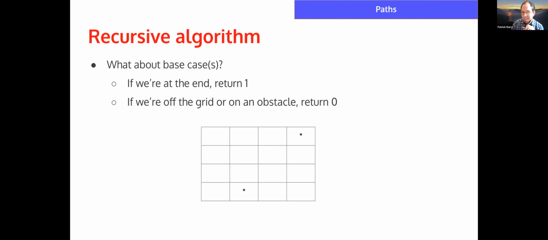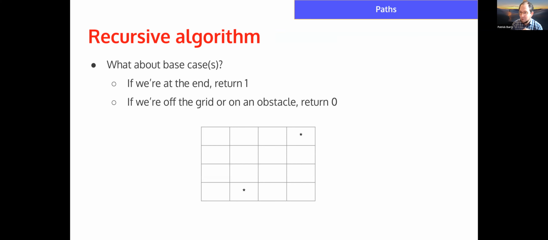I will go ahead and say, no, it is not sufficient, because we could be off the grid or we could be on an obstacle, in which case there are 0 valid paths. Having a base case like that not only makes our function more resilient to bad inputs, but also enables us to have simpler recursion code.